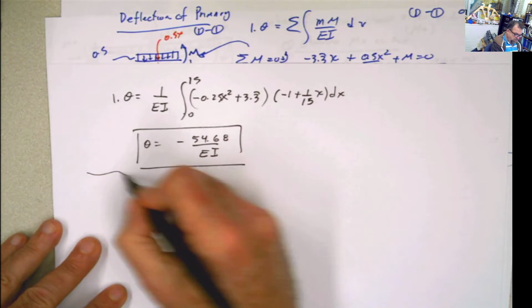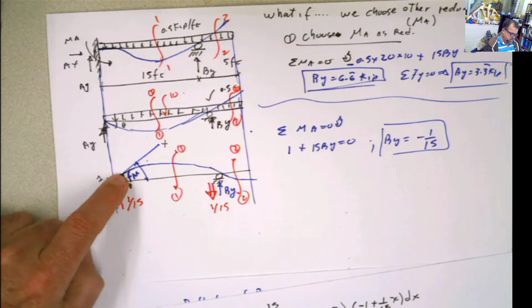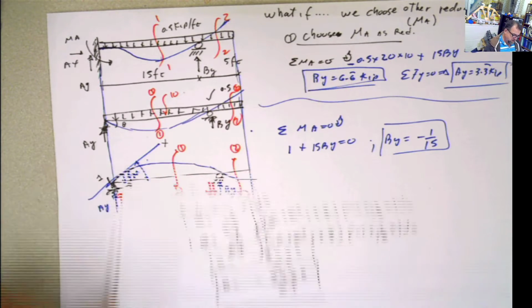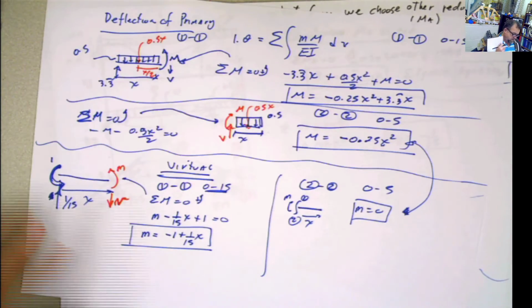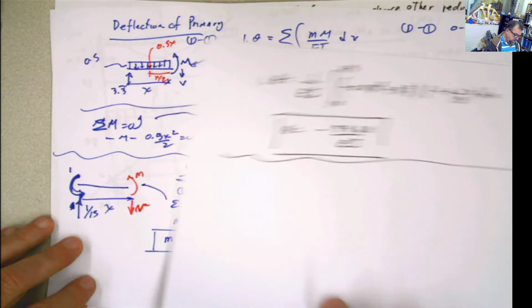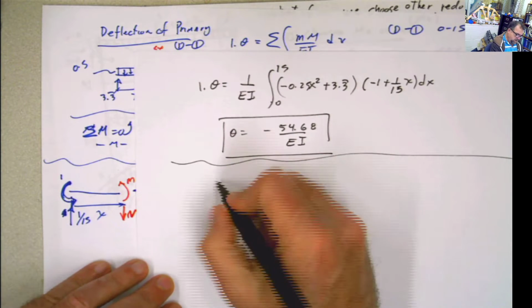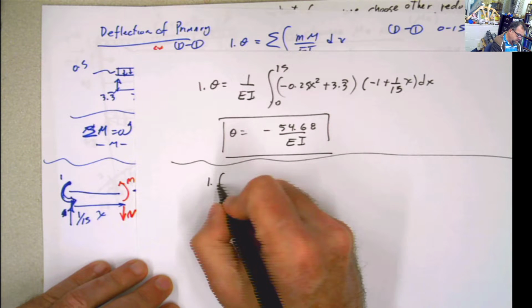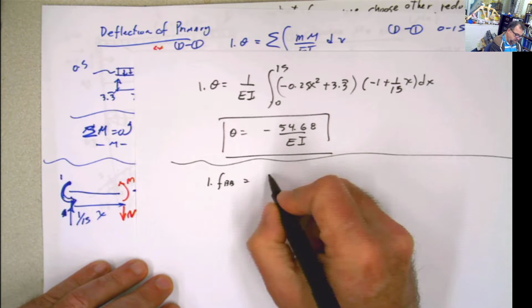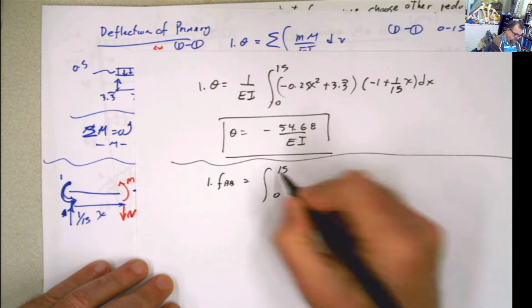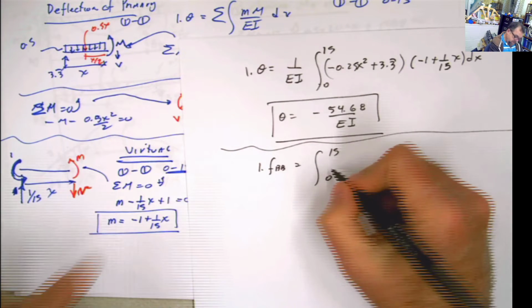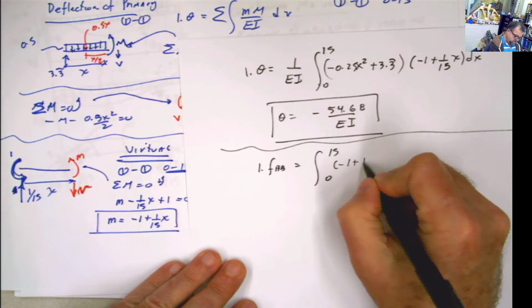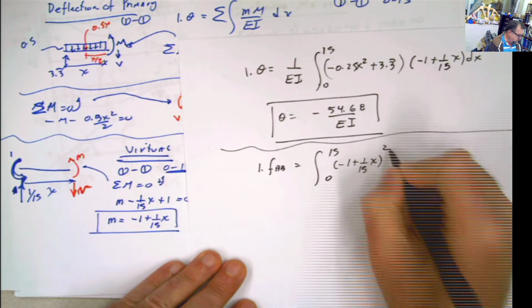Now, for the virtual structure, which is this one, we already have it because this one is the same as this one here. So the only thing that we have to do is apply it twice. And remember, that will be something like that. 1 times our flexibility coefficient has to be equal to the integral from 0 to 15 of m times m, so that means m squared dx.